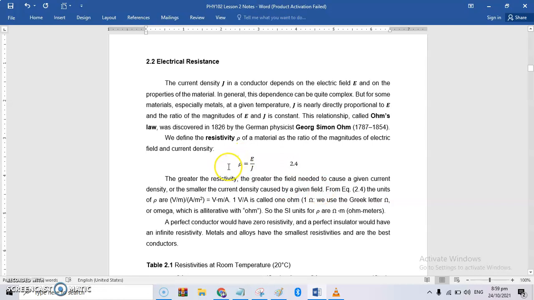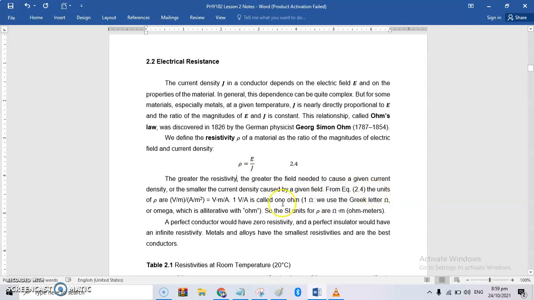Okay, na-imagine nyo ba na kapag malaki yung resistivity, ibig sabihin nun maliit si current density. Pag malaki si resistivity, maliit si current density. They are inversely proportional. Pag maliit si resistivity, malaki ang value ni current density.